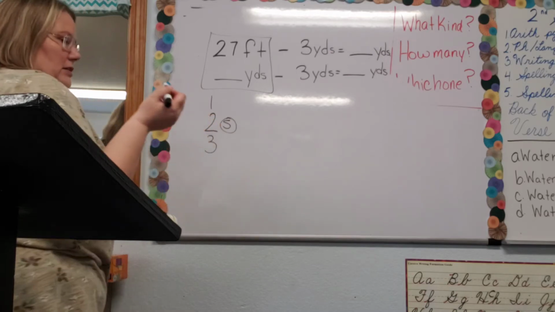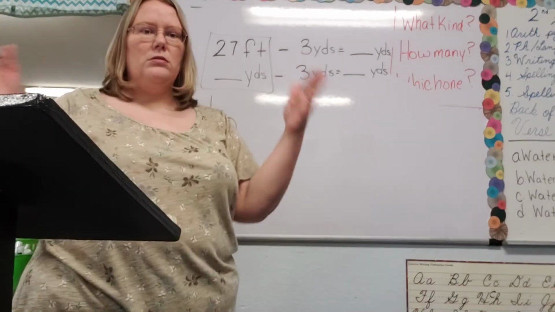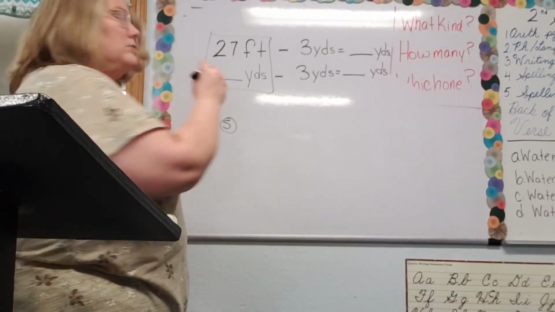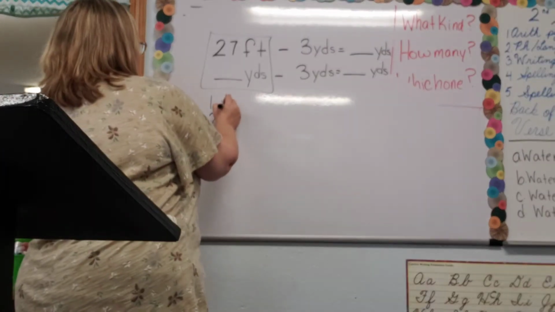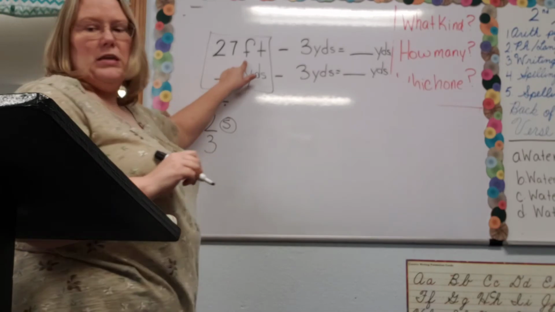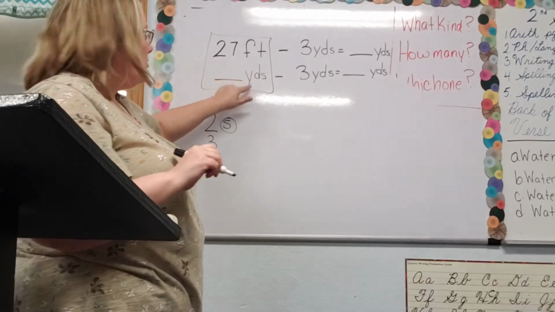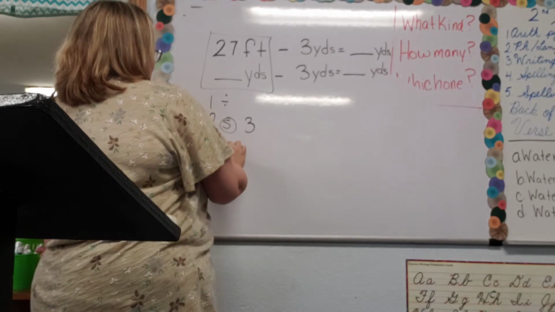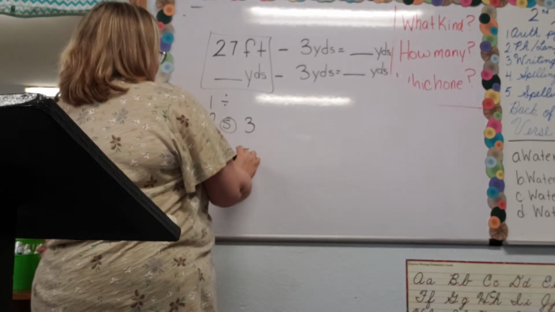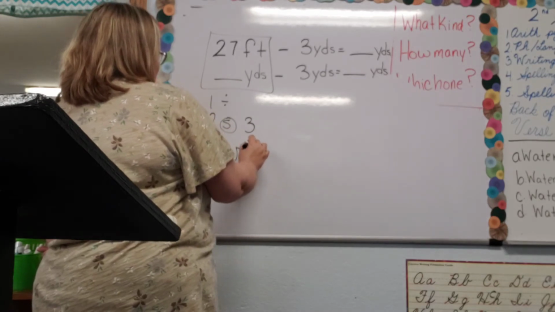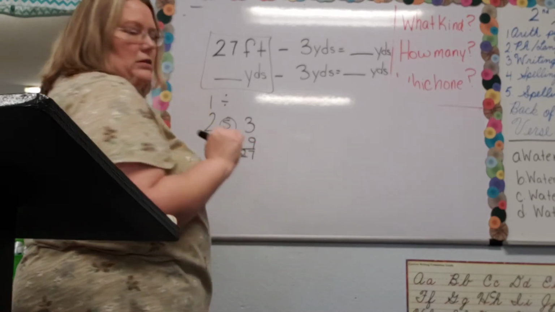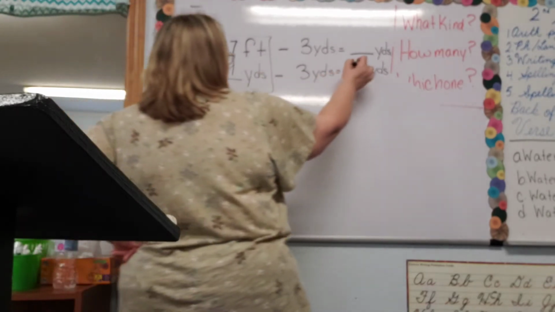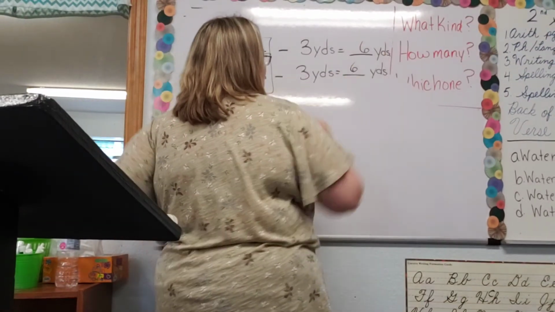You have feet to yards, so smaller to larger, divide. And then you have to know how many feet are in a yard. And then we're going to divide 27. So 3 goes into 27 9 times. So 9 minus 3 equals 6 yards, and that is your answer.